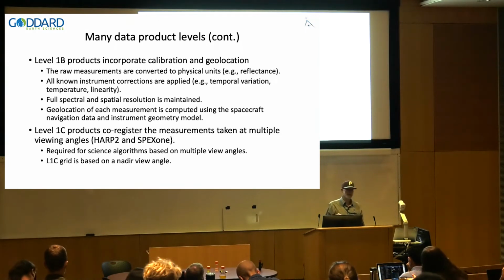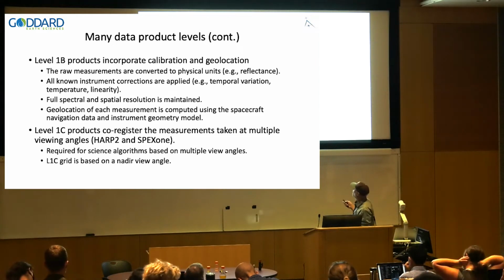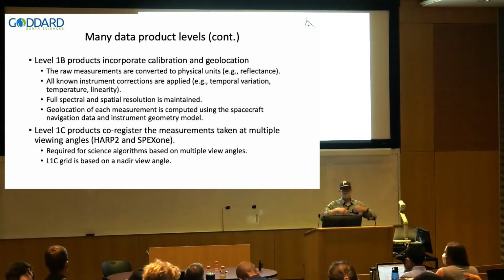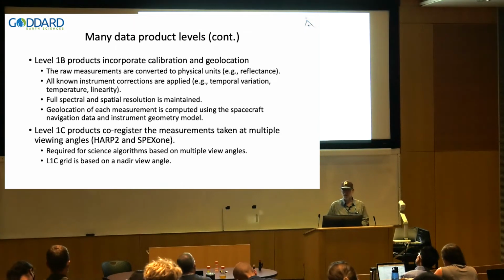So you've got to flat field the data, and so on. Temperature is another common variable. In order to achieve the lowest possible uncertainty in the calibrated data, you have to take account of all of those effects, and that's all part of the level 1B processing. So every known instrument effect that we can develop a correction for is incorporated at level 1B. So it's a pretty hard job.